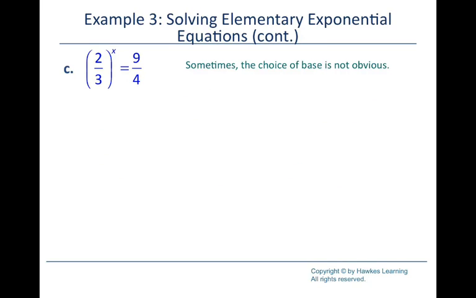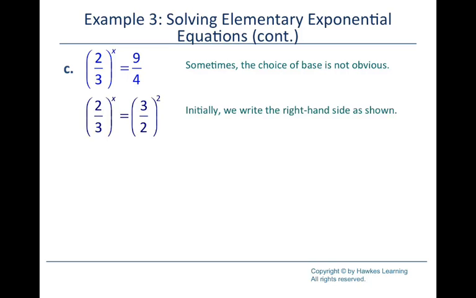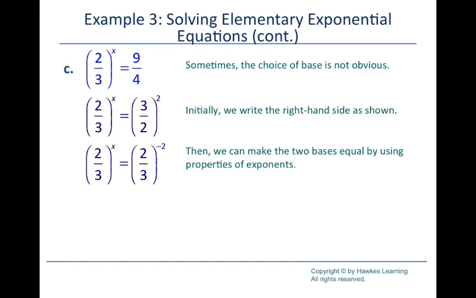Now let's look at this one. Again, the base is not obvious. So we've got 2/3 to the x is equal to 3/2 squared, or 3 squared over 2 squared, either way. So now we need to put one of them to the negative power.